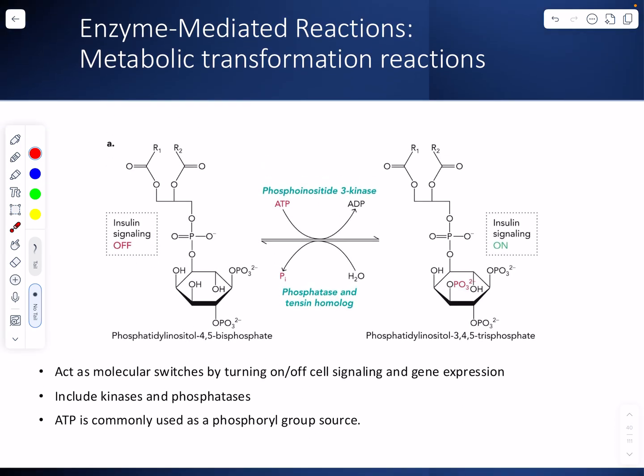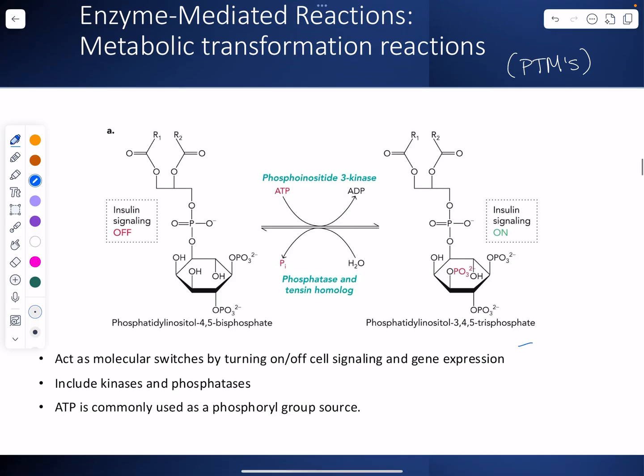All right, and then the last class of reactions that we're going to talk about are post-translational modifications. Okay, so these again happen to regulate activity. So the key word here is it's used for regulation.